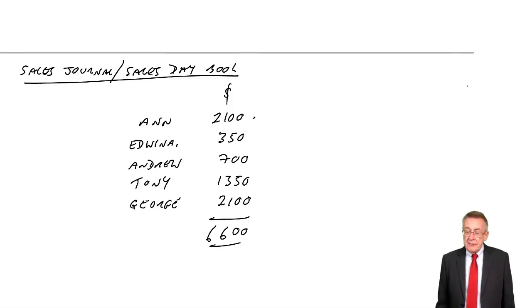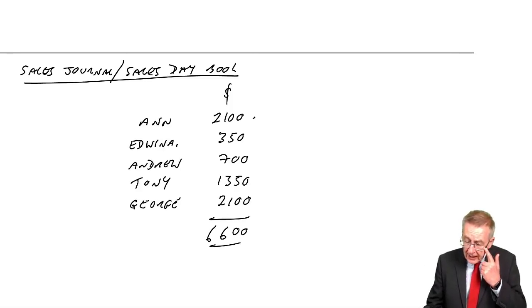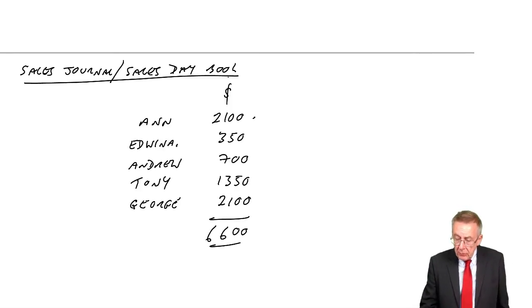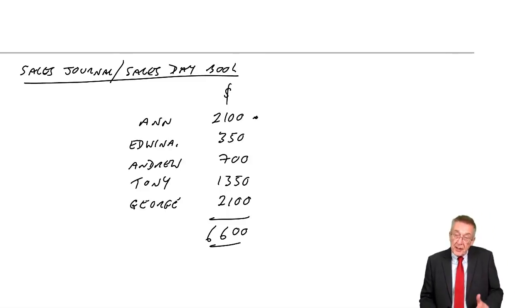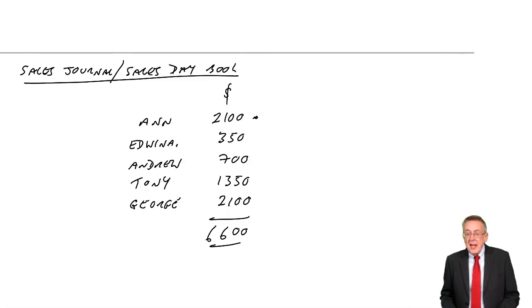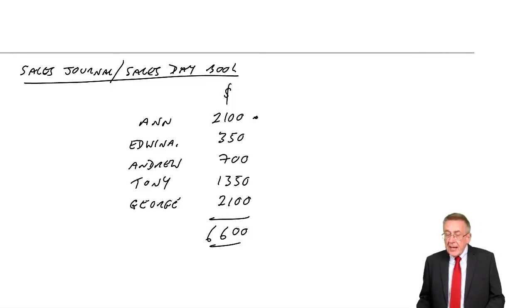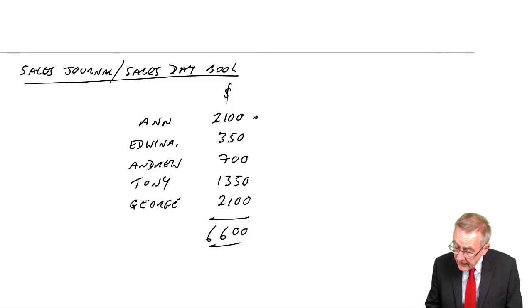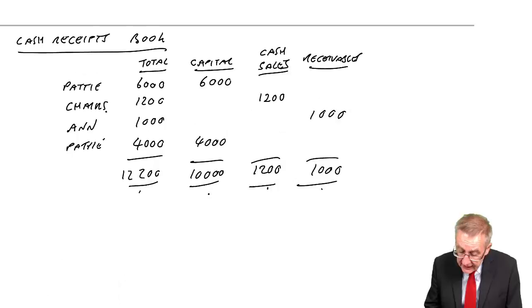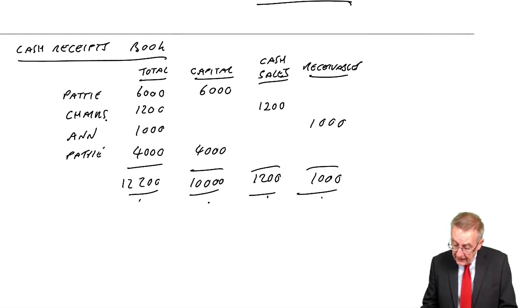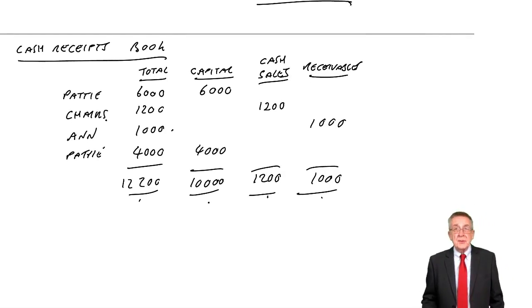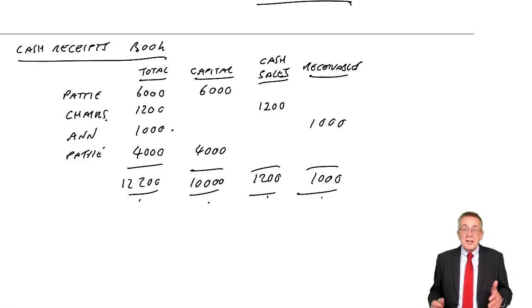It won't take us too long to find out. If we look at the sales day book, we know how much we sold her, 2,100. But we then have to check, has she paid us any money so far? And we can find out in the cash receipts book. Yes, she's paid us 1,000. So she still owes us 1,100.